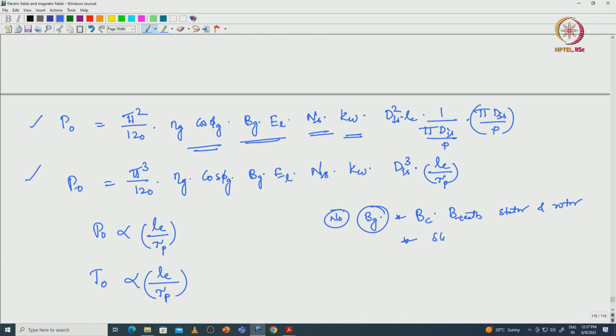Slot dimensions we have not considered, and the geometry of the stator and rotor we have not considered, and pole numbers in the final power equation.